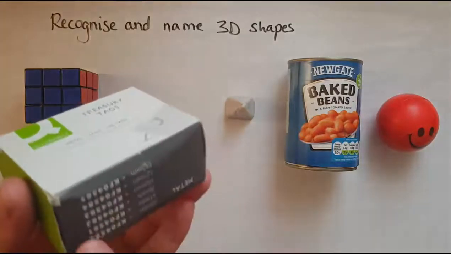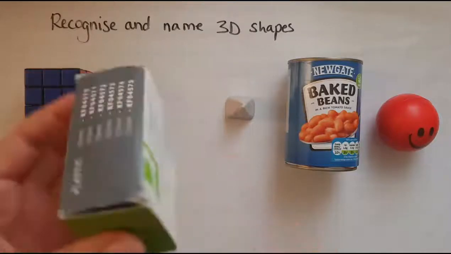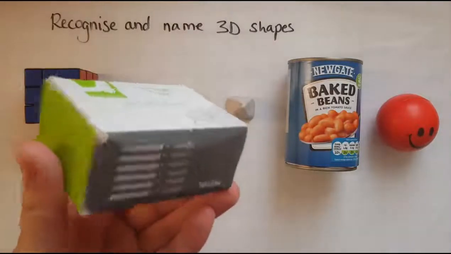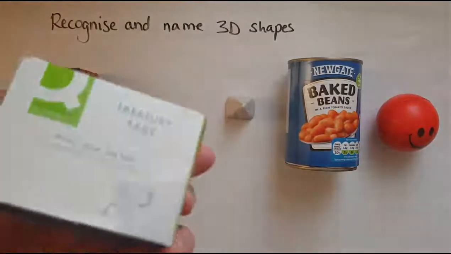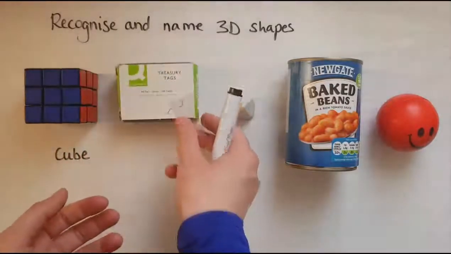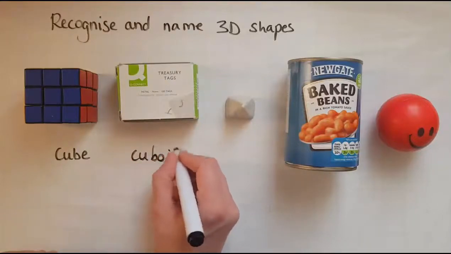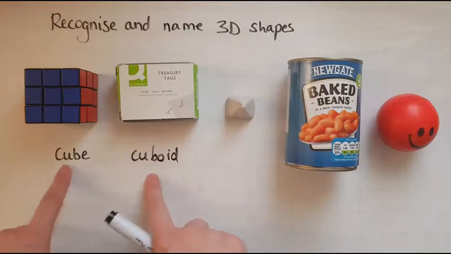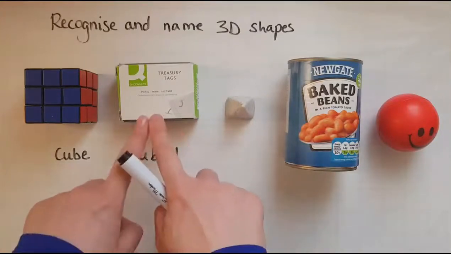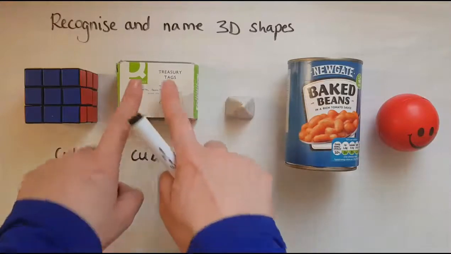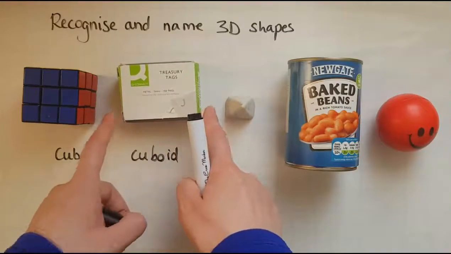So these are longer than these. This is just a box, and most boxes have this shape. They are cuboids. Cuboid. So the names are very similar as well. Cuboid is longer, just as these are longer as well.